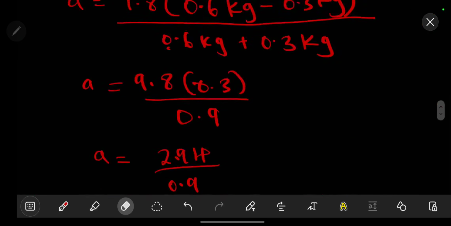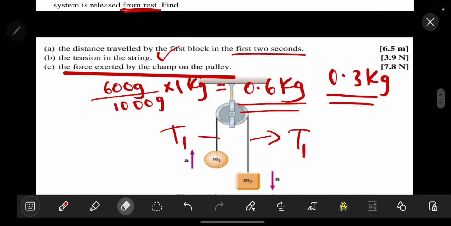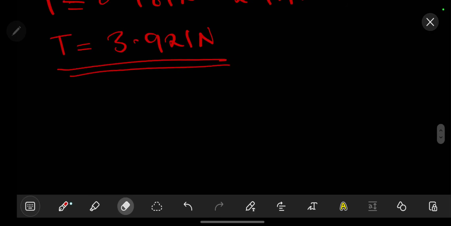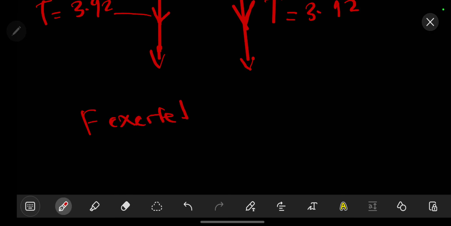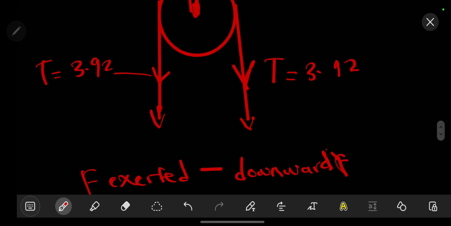So to find the force exerted by the clamp on the pulley, we are going to say the force exerted, minus the downward force, because the force exerted is pulling up, minus the downward force, should be equal to 0, because the pulley is stationary, it is locked in its position, it's not moving up or down.